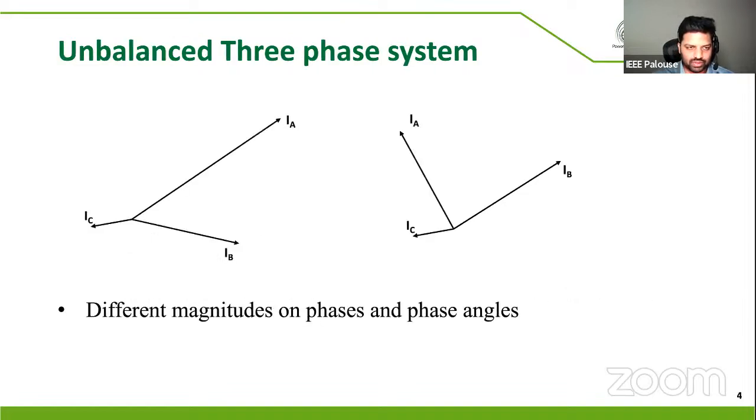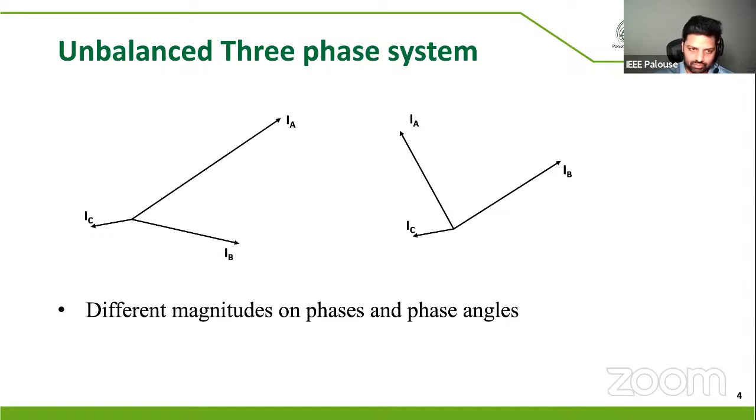So how does an unbalanced three-phase system look? It can look like anything, like the different drawings shown on this slide. An unbalanced three-phase system will not have equal magnitudes. Each phase will have a different magnitude, and they could also have different phase angles between them.